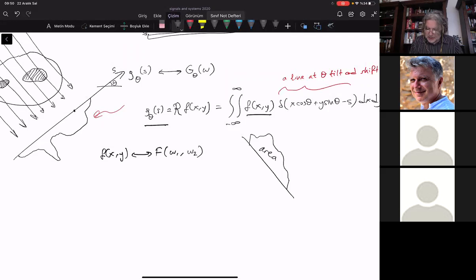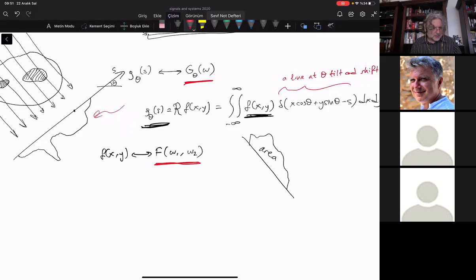The relation between g theta of s and f of x y is complicated, but the relation between F of omega 1, omega 2 and g theta of omega is not that complicated. In fact, it is so simple that they are the same. They really correspond to the same thing.